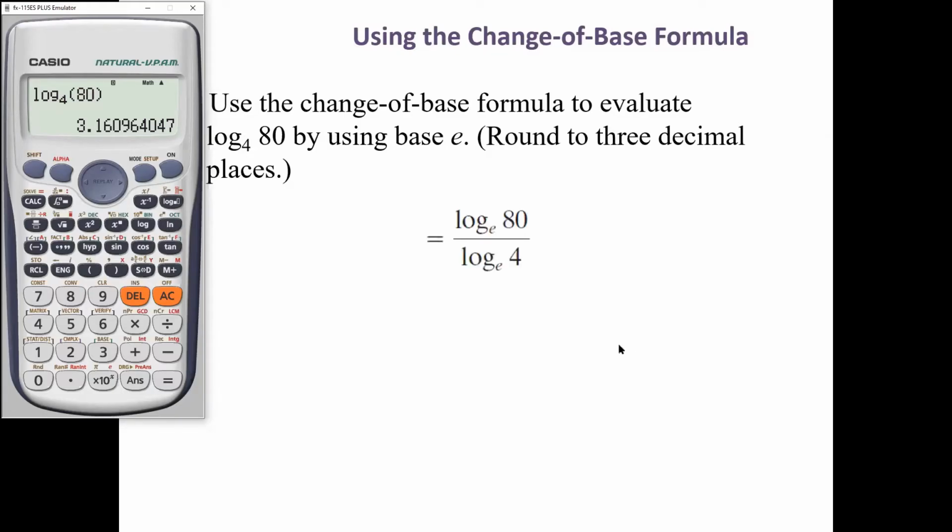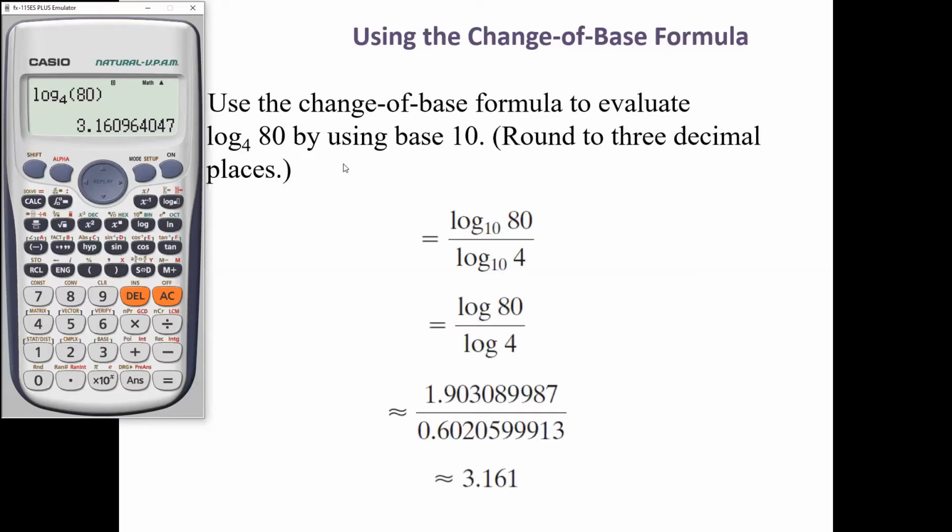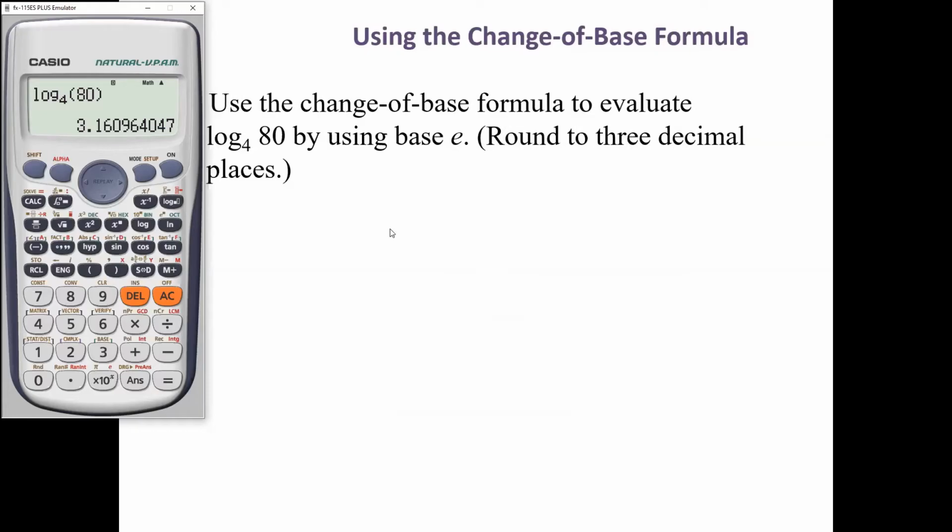Okay, let's go to another problem. What if they had said, okay, same problem as before, they said base 10, now they're saying base E, okay? Round to 3 decimal places. Well, here's the 80 and the 4. Okay. Now, 2 ways we could work that.